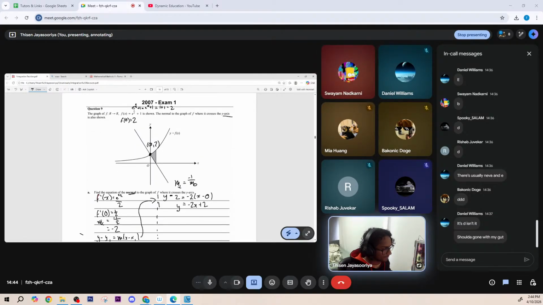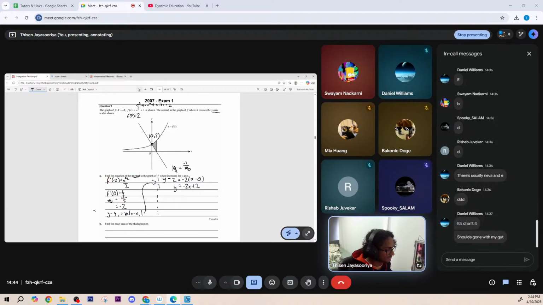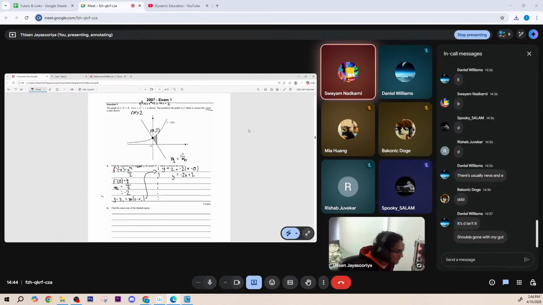Yeah, sure. So I'll show you the whole thing. Is it just the integral of f of x minus negative 2x plus 2, minus the actual one, if that makes sense?